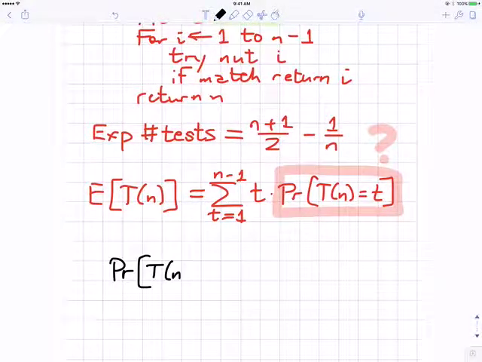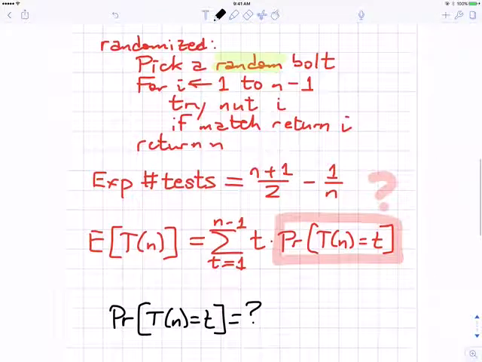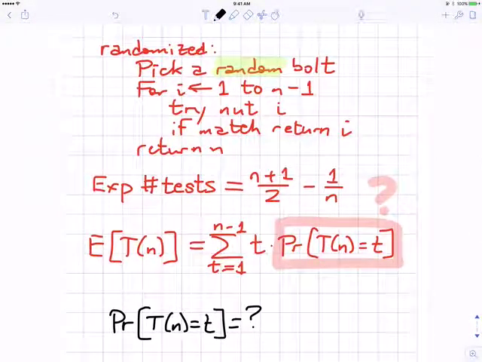Well, let's start by thinking about: what's the probability that T of n is equal to 1? 1 over n. Because I chose my bolt at random, and so I'm equally likely to choose any bolt. In particular, I have the same likelihood of choosing the bolt that matches nut 1 as any other bolt.